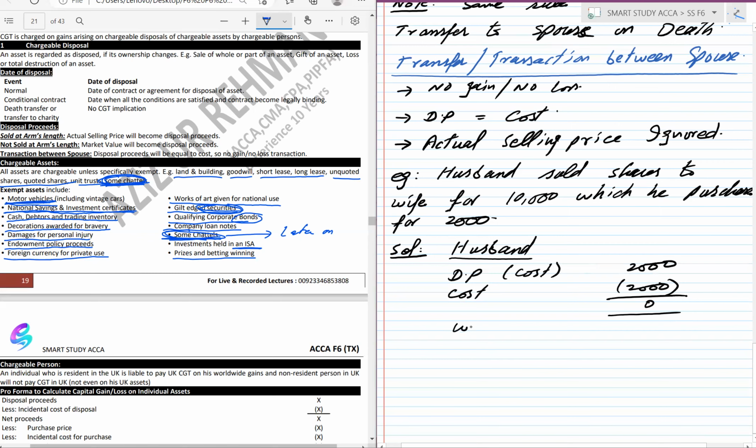But for the wife, because the husband has sold this asset to the wife at cost, the cost of the husband will become the cost of the wife, which is £2,000. Whenever the wife disposes of this asset in the future, for the calculation of profit and loss, the wife will use £2,000 as the cost of this asset.